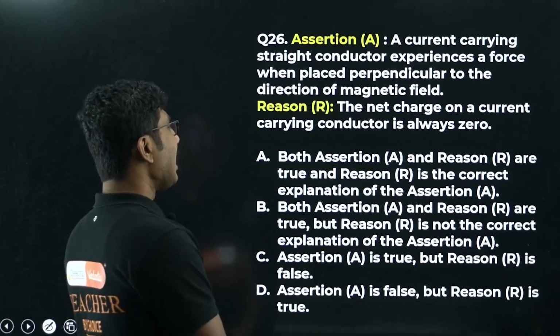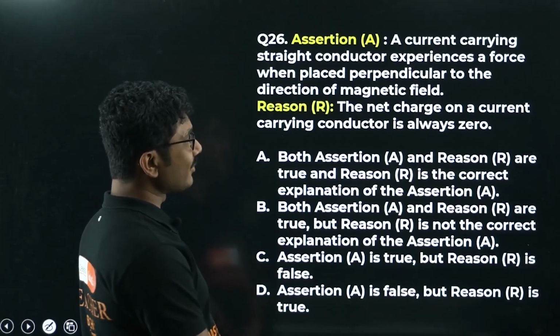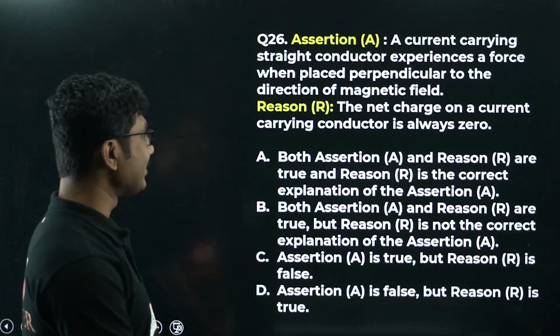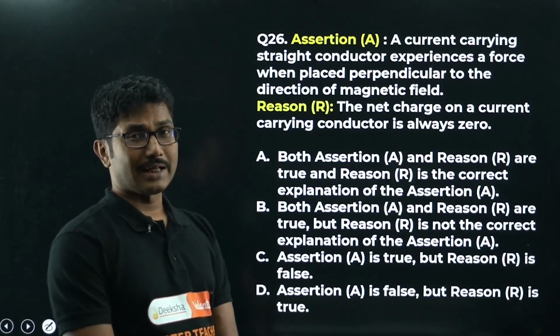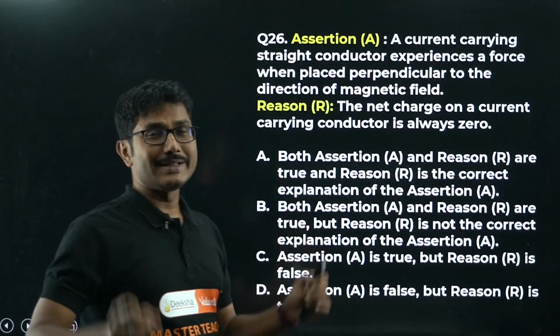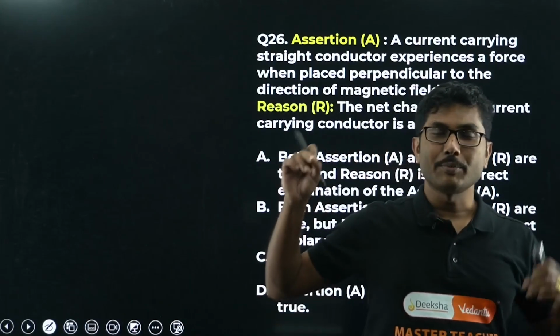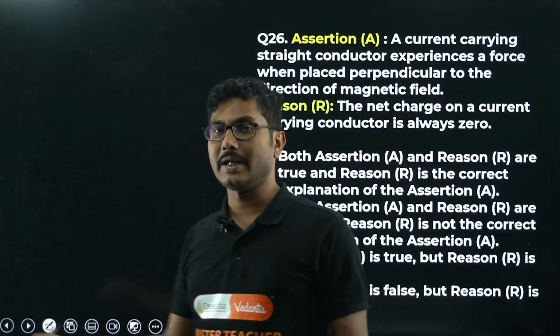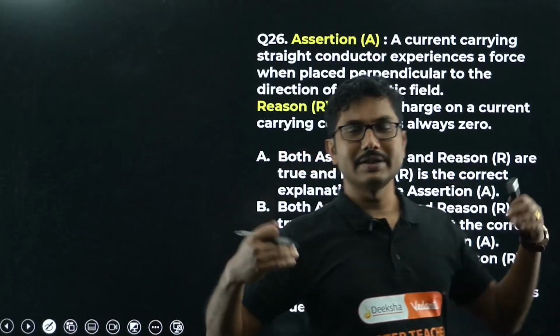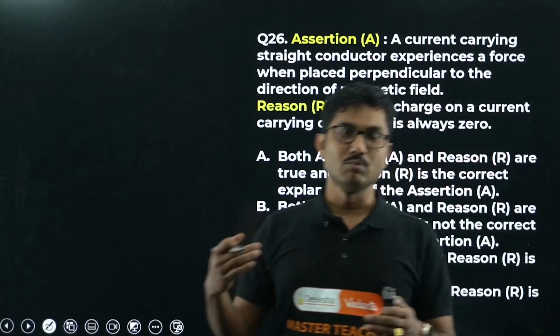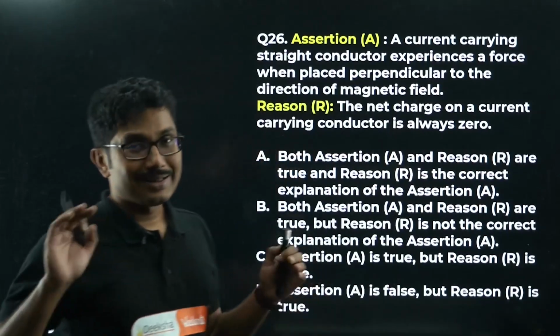Yes, it is correct, but the reason, the net charge on the current carrying conductor is always 0, net charge is 0, but this is not the explanation. Net charge at any instant, obviously it is 0, only the potential difference creates the current. In higher classes you will learn that electric field is responsible for the electrons to move, and net charge still remains 0.